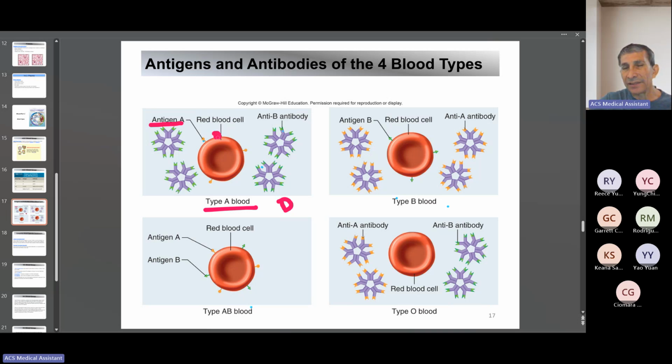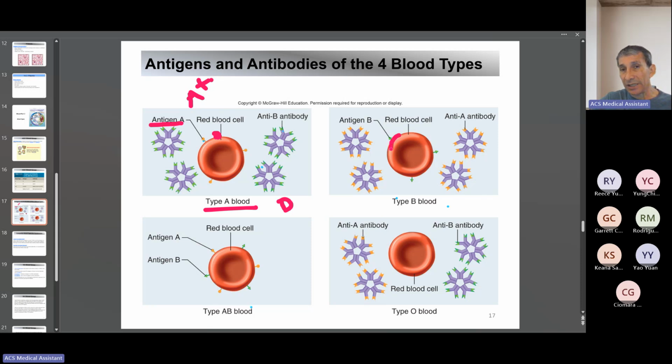So if I have antigen D right here, I'm going to be A positive. Well, what if I don't have it? If I don't have the antigen D, then I'm A negative. Same goes here.